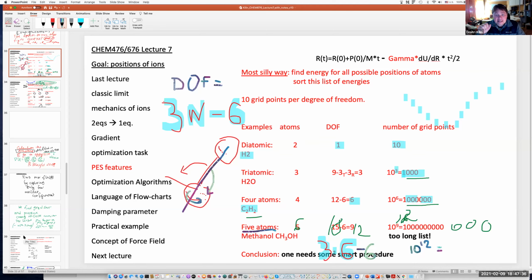Then compute where the gradient is shown, where the force is directed, and make one step in this direction. Then in the new point, we recompute the force and make another step in the direction where the force is pointing. So instead of looking over all points of the potential energy surface, we look only at one line that will always be directed toward the minimum.